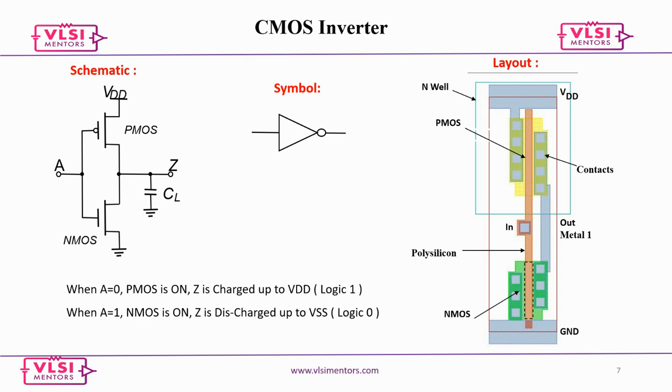Now, when we say CMOS, what is the basic circuit that we usually start with? It is always the inverter that we start with.